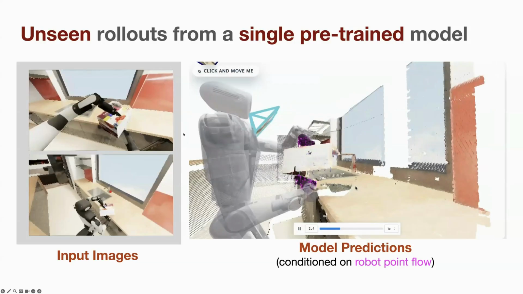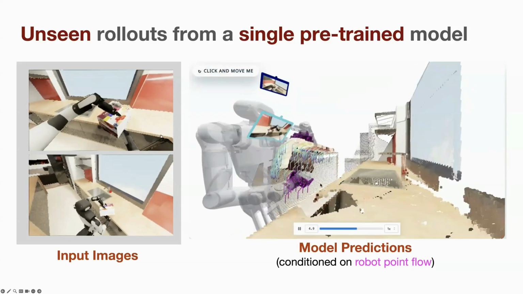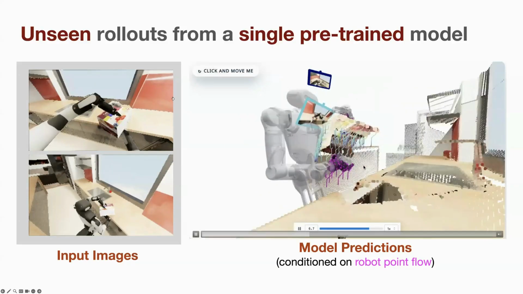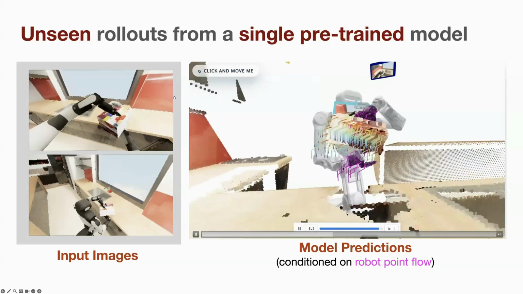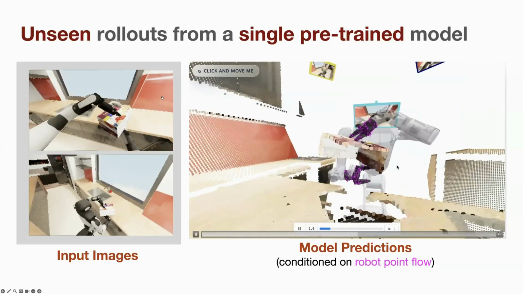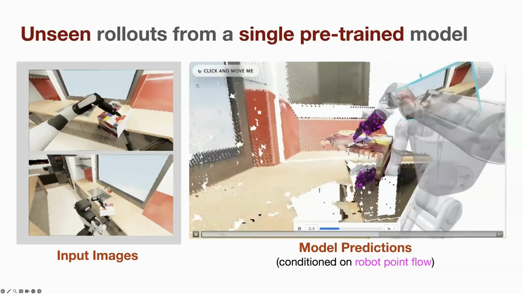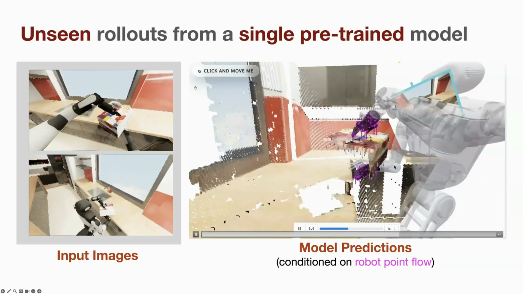And here for this large box, if we rotate it to the back, we can see that the hands are visible because we're sampling that from the known robot URDF. But the scenes are partially observable.